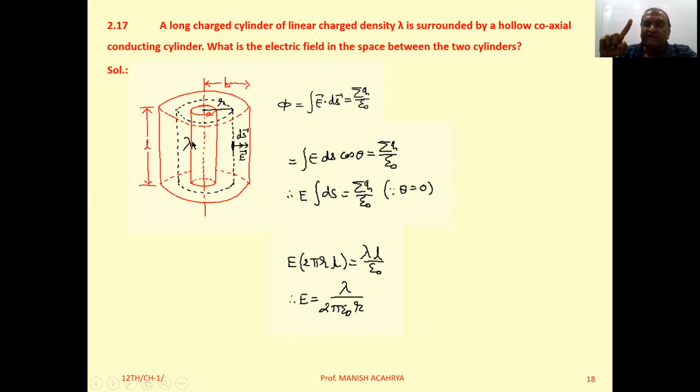So when charge per unit length is lambda, the charge in length L is lambda into L, upon epsilon 0. So resultantly we will get the electric field E equal to lambda upon 2 pi epsilon 0 r. Clear to all of you?